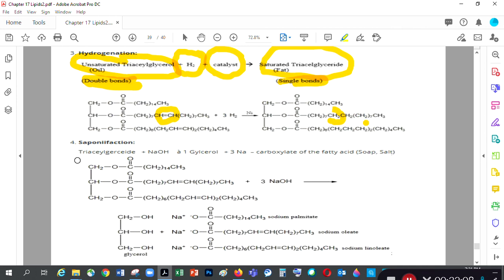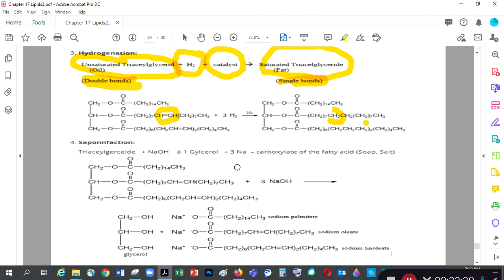So the last reaction is saponification. Saponification is the same thing as the ester reaction. Saponification is the reaction of a strong base with an ester to produce soap, correct? What is the soap? The soap is the salt of a fatty acid, correct?